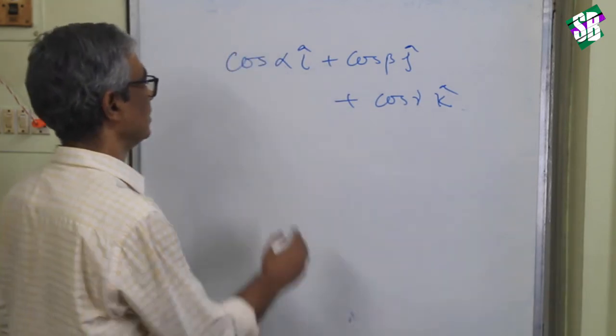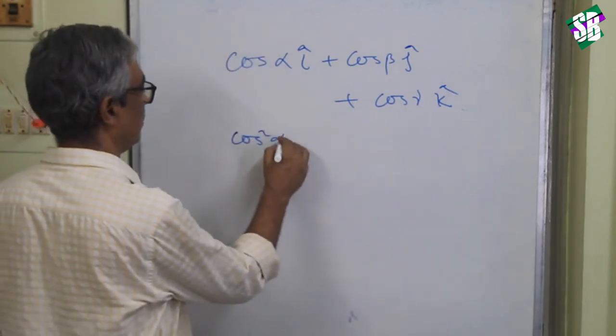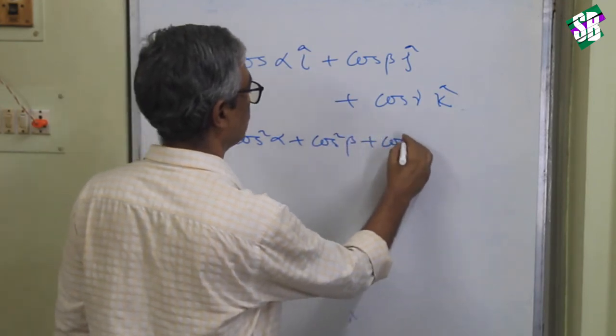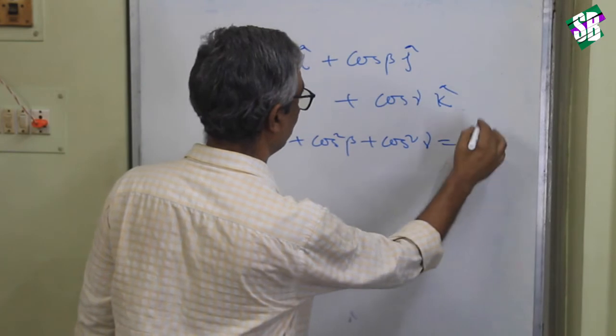That is, cos square alpha plus cos square beta plus cos square gamma equals 1.